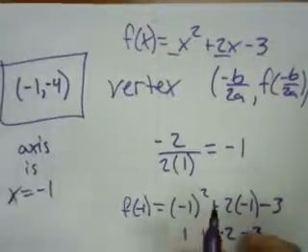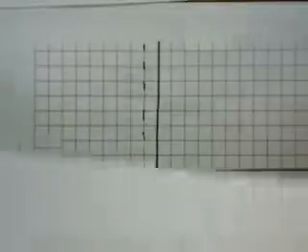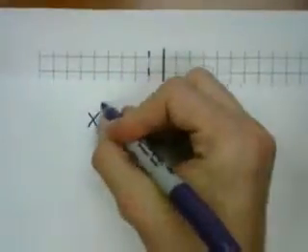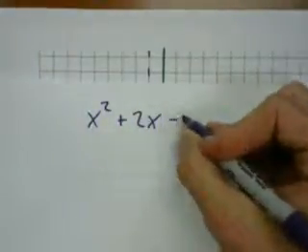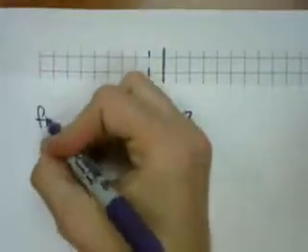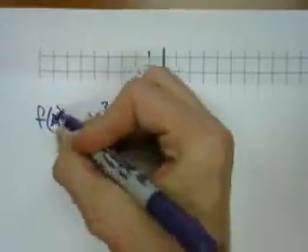Now, done with that, we need to find our intercepts. Let me go ahead and rewrite the equation for us. We're going to plug in 0 for x and get our y, or replace y with 0 and find x.